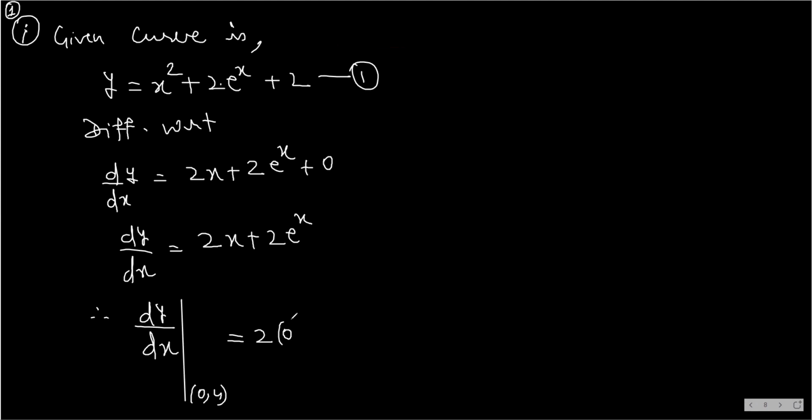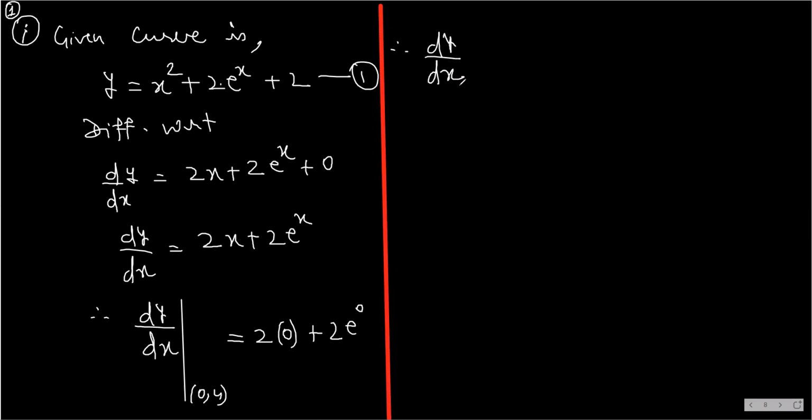So 2 multiplied with 0 plus 2 e raised to 0. 2 into 0 is 0 and e raised to 0 is 1. So 1 into 2 is 2. So I will get therefore dy by dx at (0, 4).